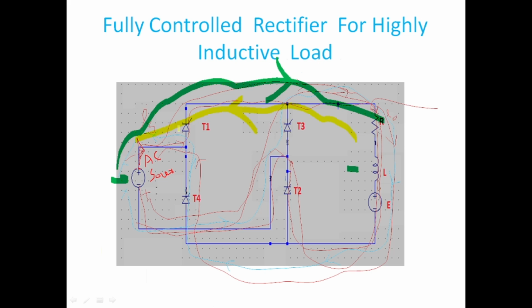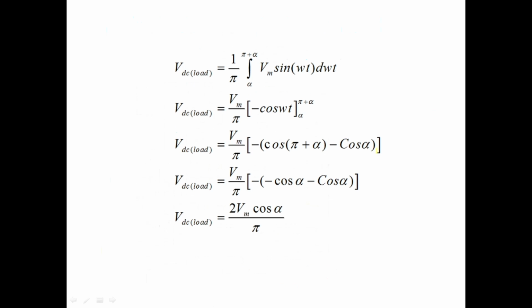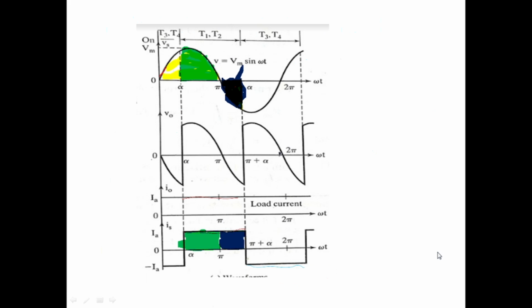This is very important. That's the reason we call it a two-quadrant converter. This is very useful in controlling the speed of a DC motor. So two-quadrant operation is possible here.